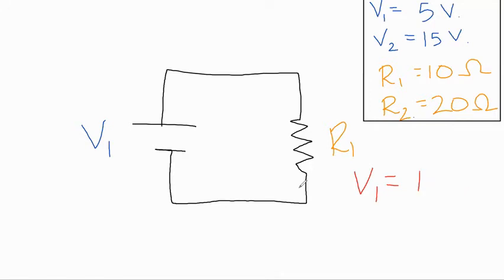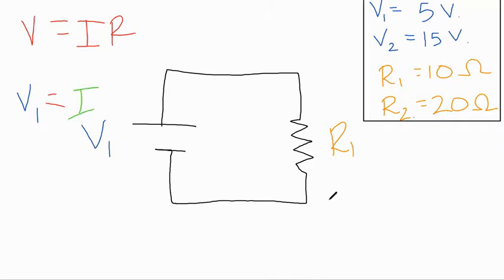Since V equals IR, we are able to just say that V1 would equal whatever I is times R1. Well, we already have a value for R1, which is 10 ohms, and we already have a value for V1, which is 5 volts.